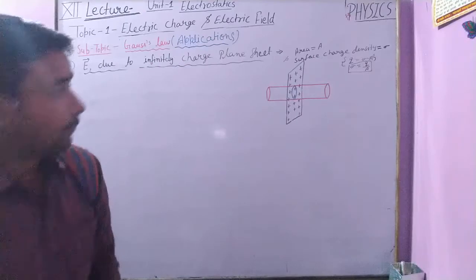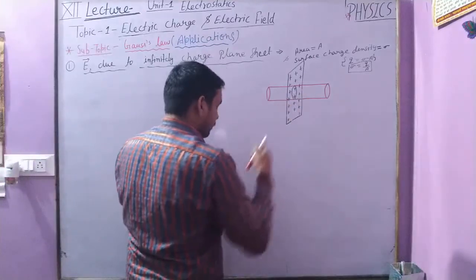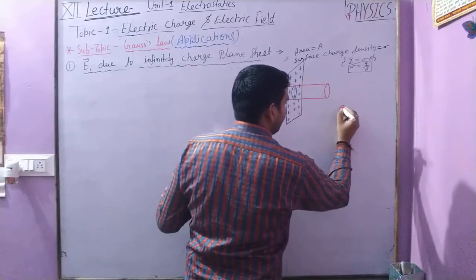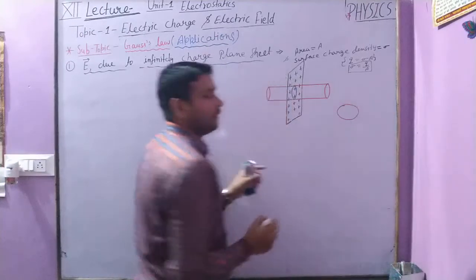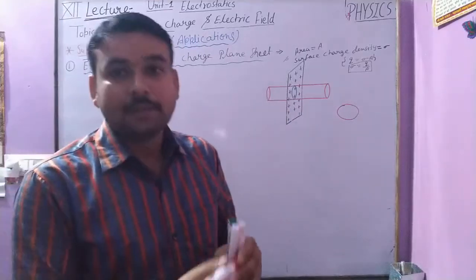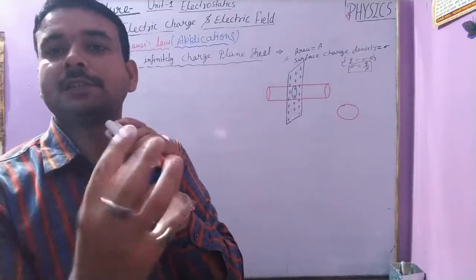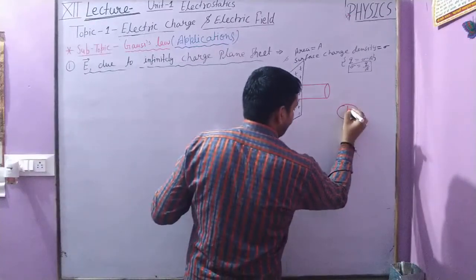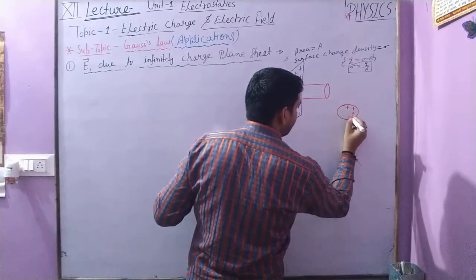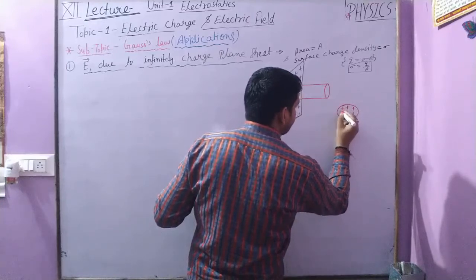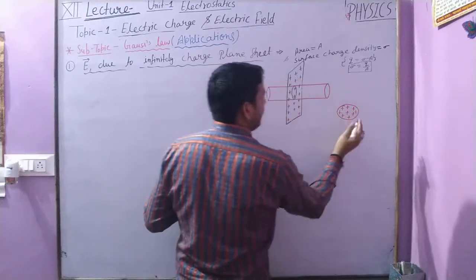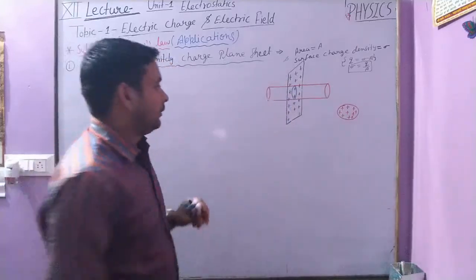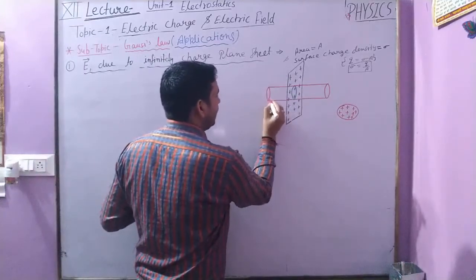Okay, so just I will form this for you. When you see this, you can observe it as a sphere because the cross section of the sphere is circular. So in this circle you get some charges remaining with the sphere after crossing the area or after crossing the field.